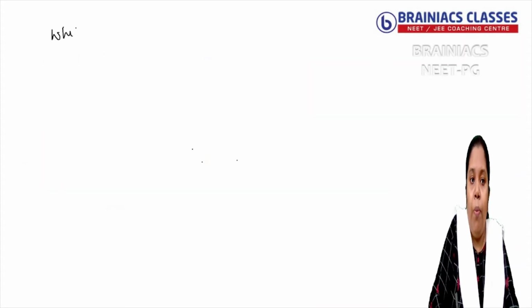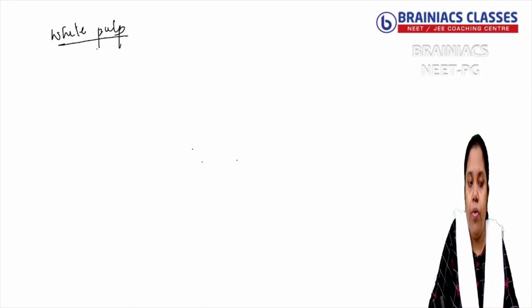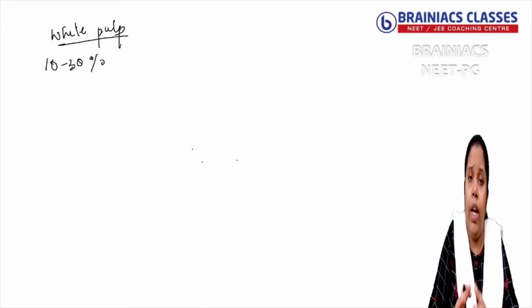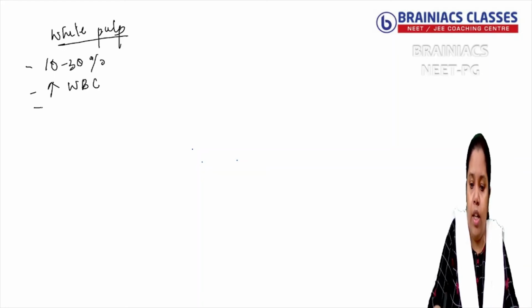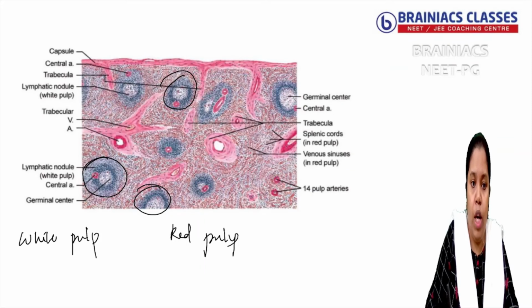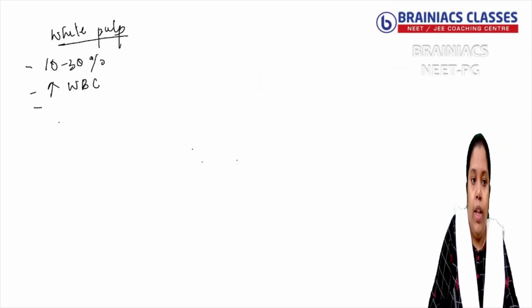Now let's look at the white pulp. It takes up only around 10 to 30% of the spleen, and it has an increased number of WBCs. It has a cortex and medulla.